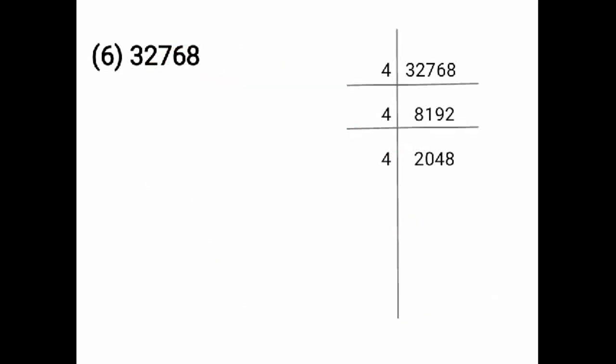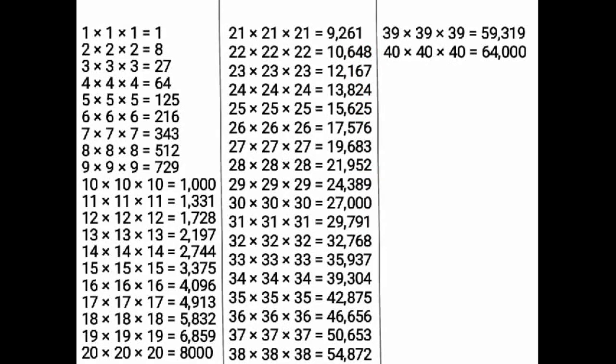4 into 512. Now you have to change the number for dividing. I have taken the 4 table 3 times for division. That's why change the number for dividing. 512 divided by another number. Number 512 is here. 8 cube is 512. You have to divide the number 512 by 8.